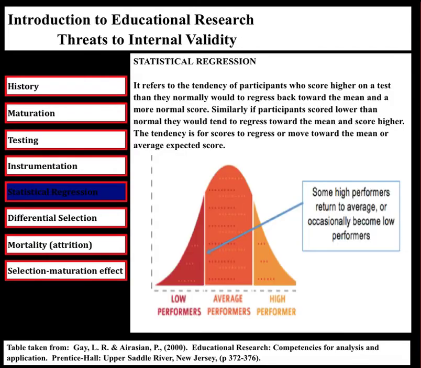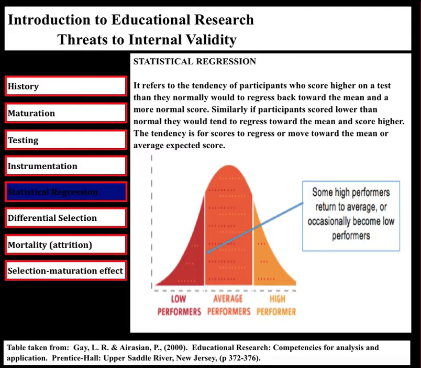The next threat we'll look at is statistical regression. Statistical regression usually presents a threat to internal validity when participants are selected for a study who score extremely high or extremely low on a pretest, and then on the post-test, the scores will have a tendency to regress back to the mean.